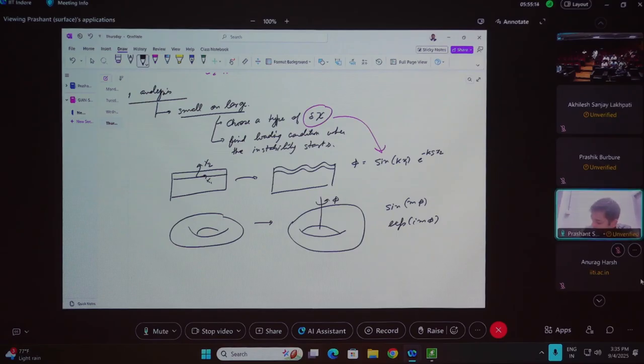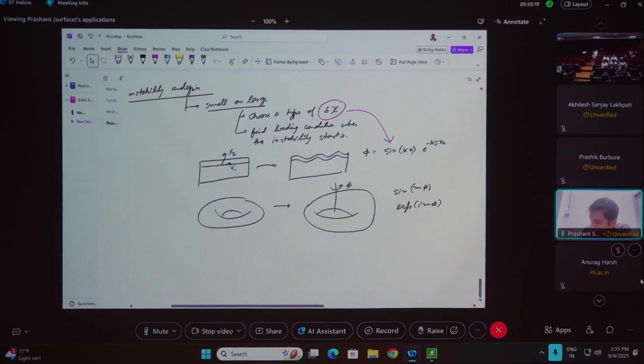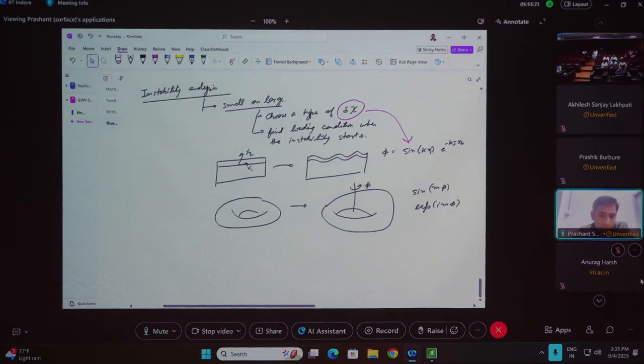And this is a very popular technique, but as you can see here, you need to know in advance, either from experimental observations or from your own experience, how the instability might look like, and then go ahead and try to find the condition when that instability starts.